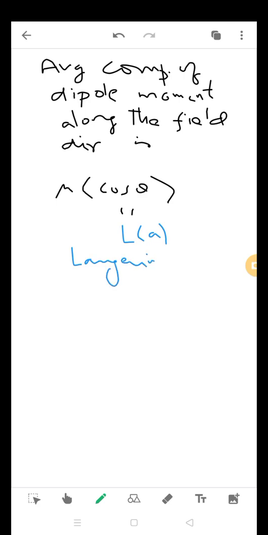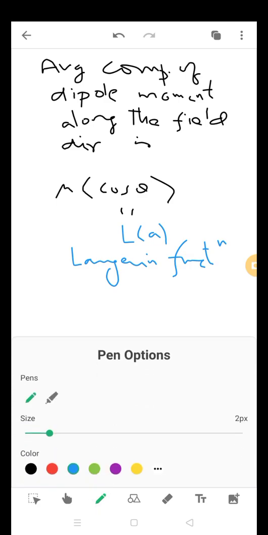Langevin function, and it has the following structure.